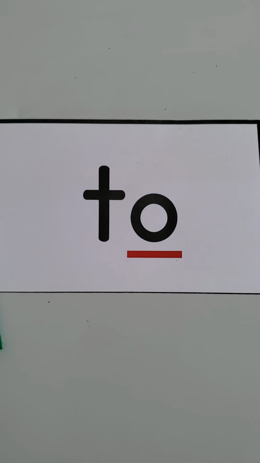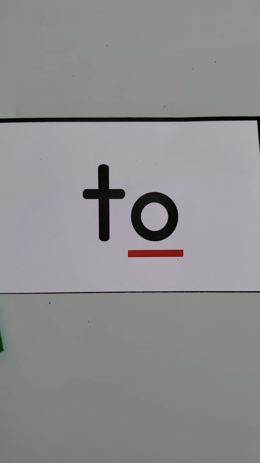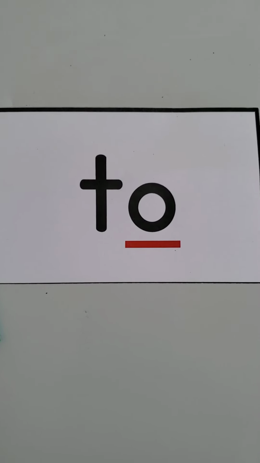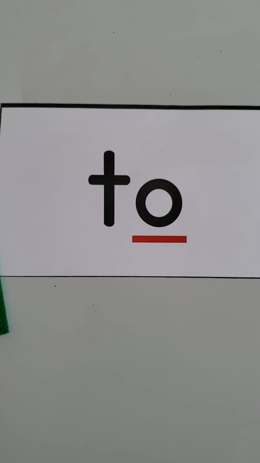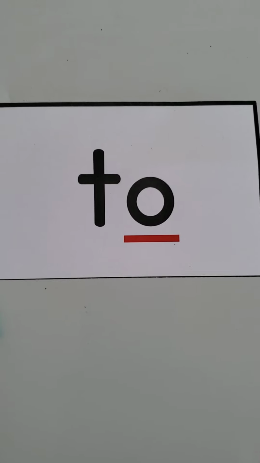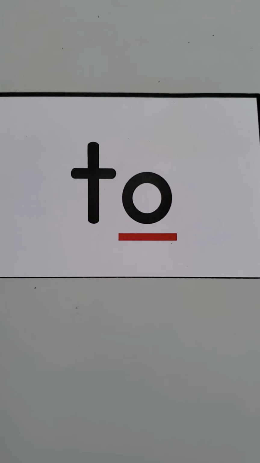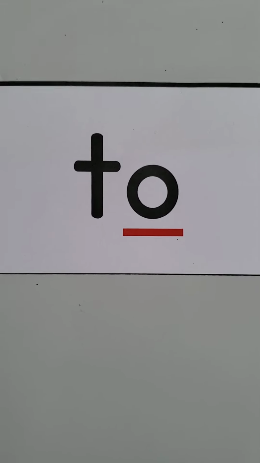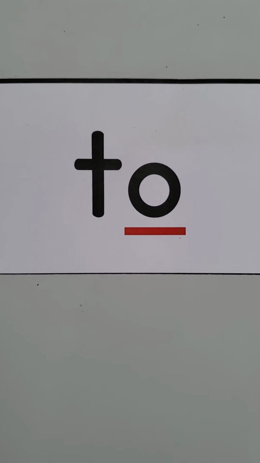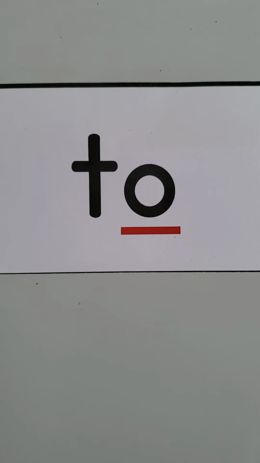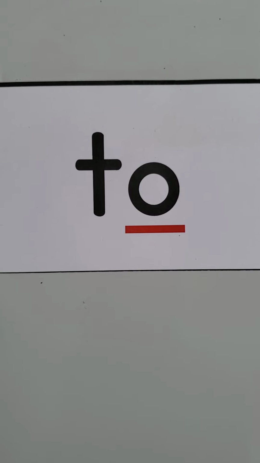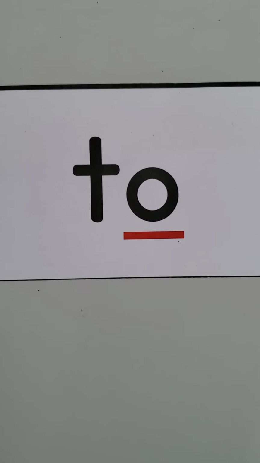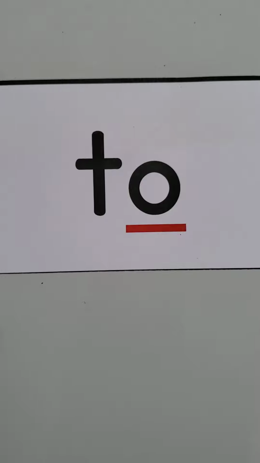The second tricky word is this. This word is two. Two. And it's not the number 2. Okay? This word is when you say, can we go to the store? Or can we go to school?